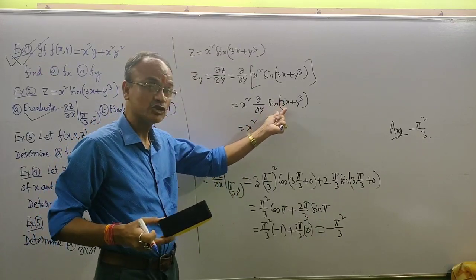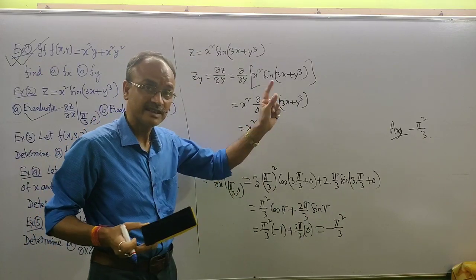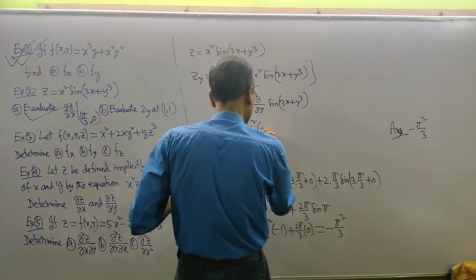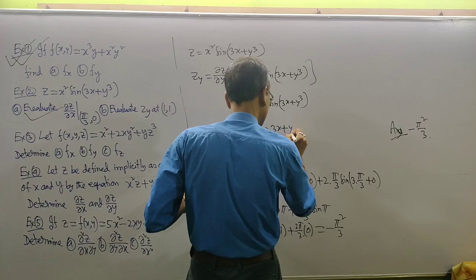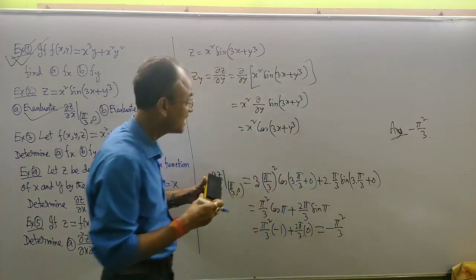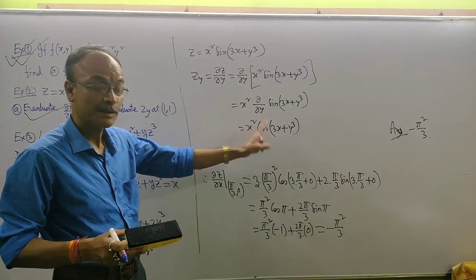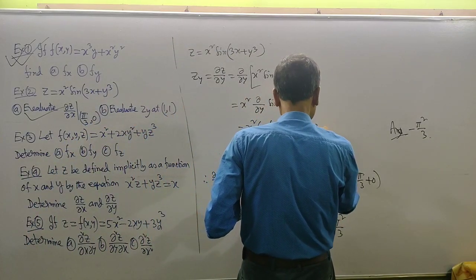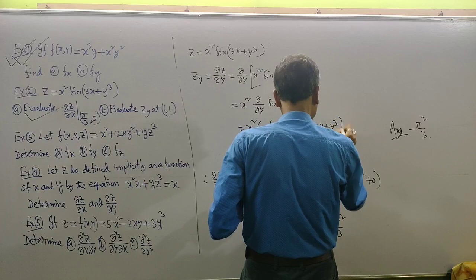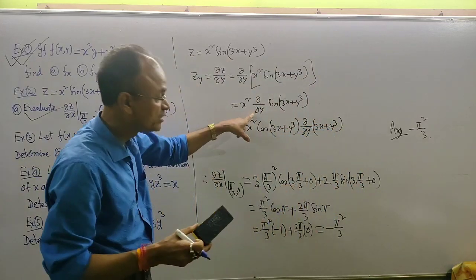Now, differentiation of sine x with respect to x is cos x. Therefore, differentiation of sine thrice x plus y cube with respect to thrice x plus y cube is this. But you have to differentiate thrice x plus y cube with respect to y, because we are differentiating with respect to y.